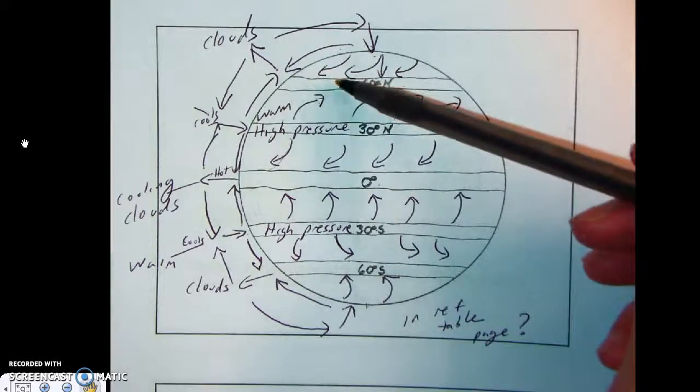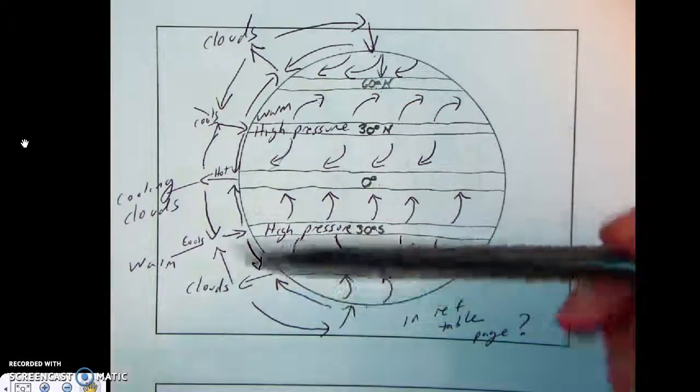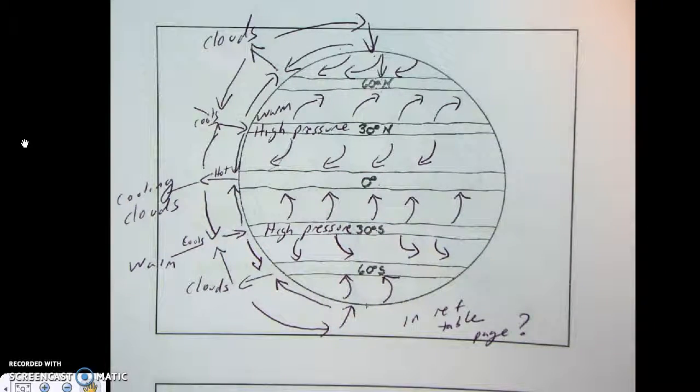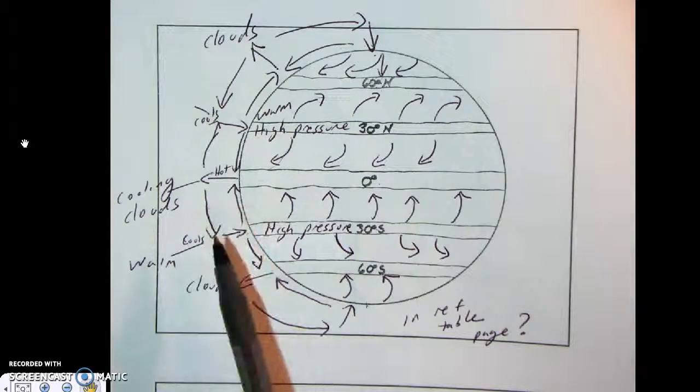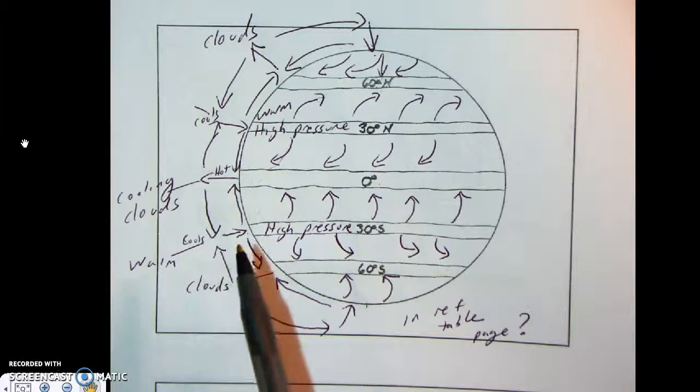You get lots of rain at 60 degrees north and south, and certainly lots of rain at the equator. And this is why. It's the difference between rising air and sinking air. Where we have rising air, you're going to get rain. Where you have sinking air, you're going to have essentially a desert.